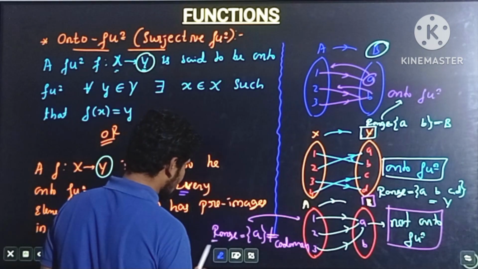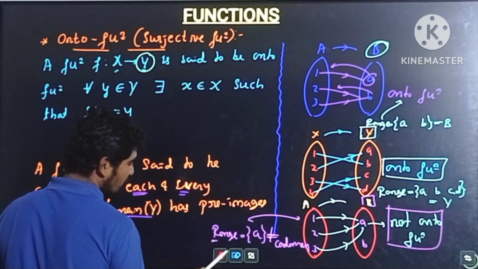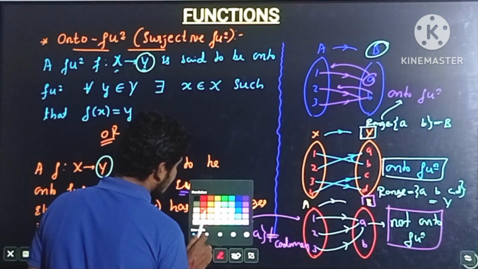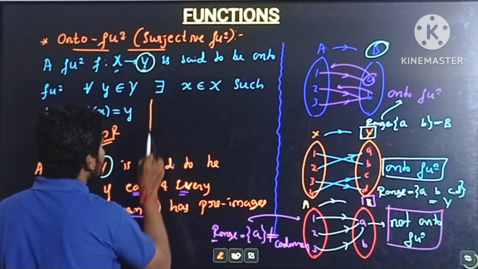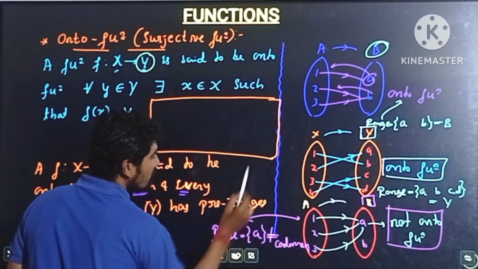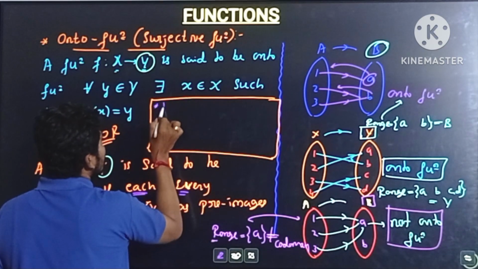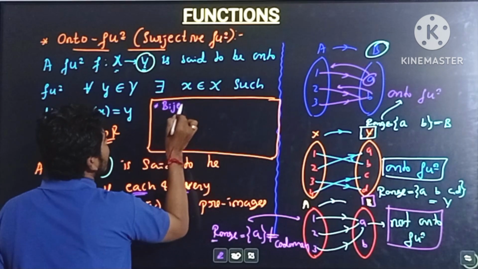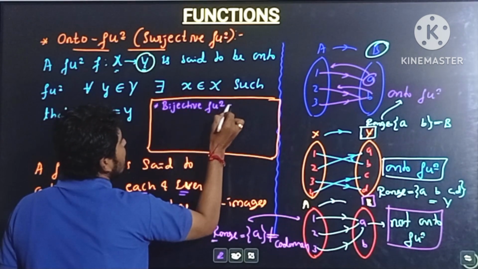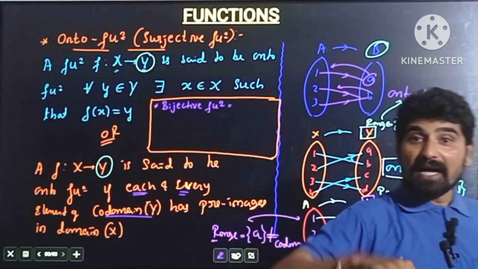And the last type of function I'm going to discuss here. See here, the last type of function is the bijective function. So the third type of function is the bijective function. Bijective function means the functions which are one to one and onto.